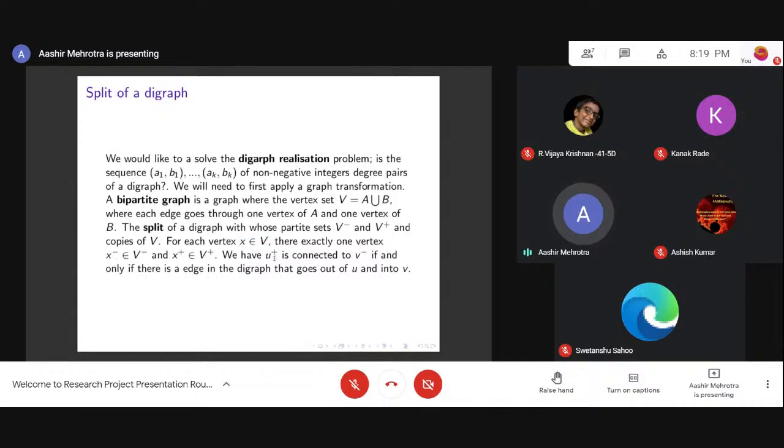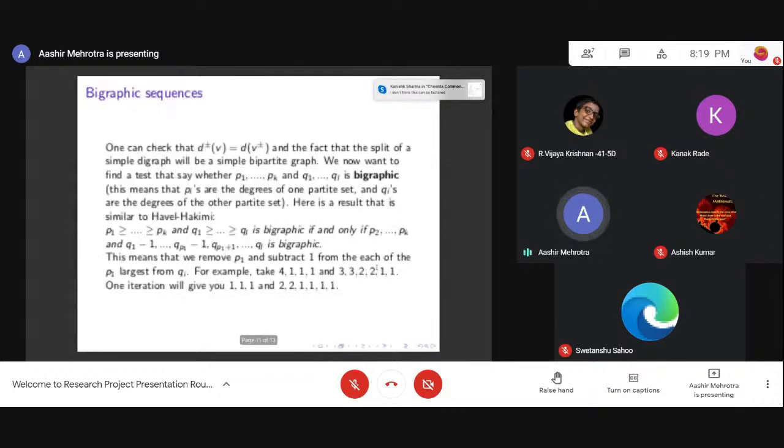And u plus is connected to v minus if and only if there's an edge in the digraph that goes out of u and into v. You can check that this preserves degrees, d plus minus of v equals d of v plus minus, and that the split of a simple digraph will be a simple bipartite graph.